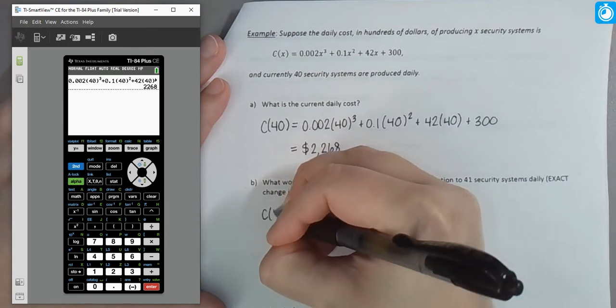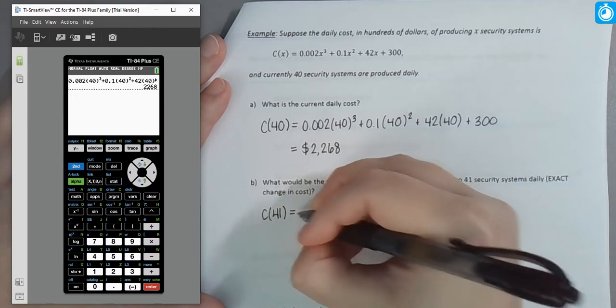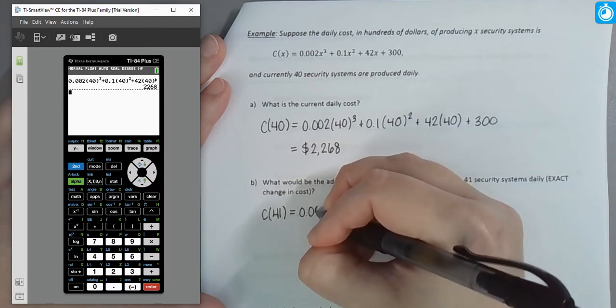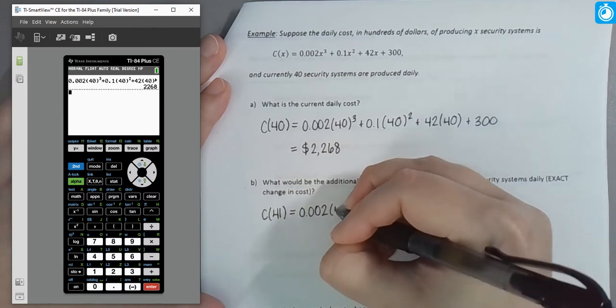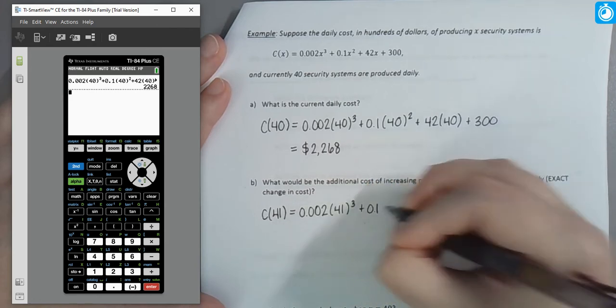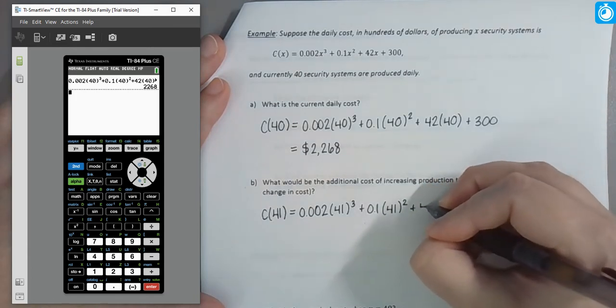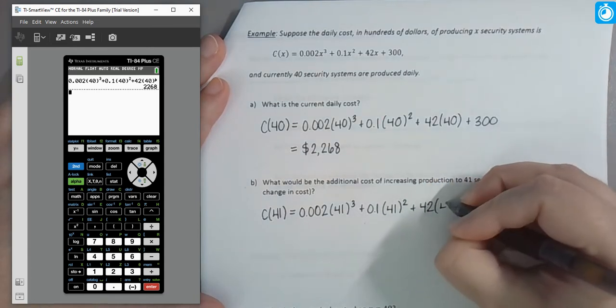So we need the cost for the 41st unit. Same kind of idea, we evaluate this function, but now with an input of 41 in order to represent the total at that increased production level.